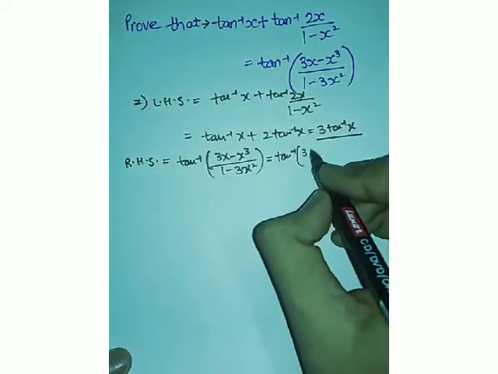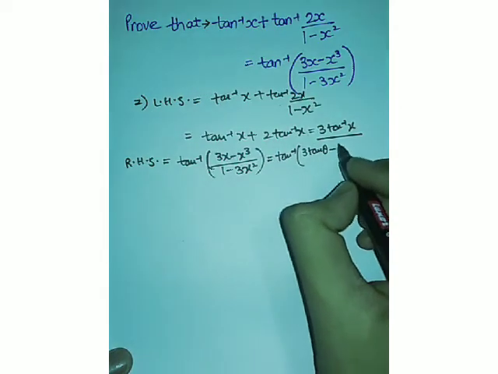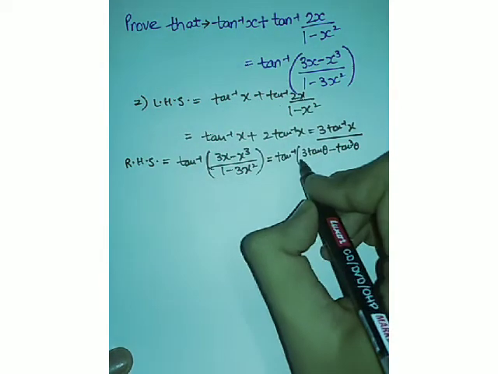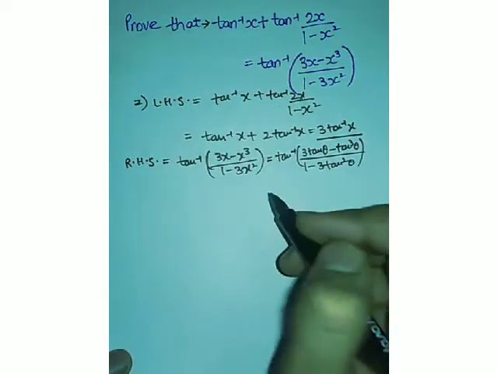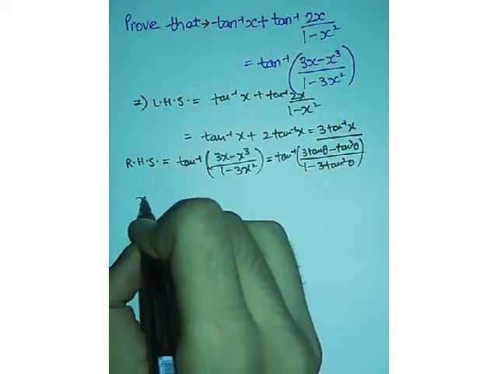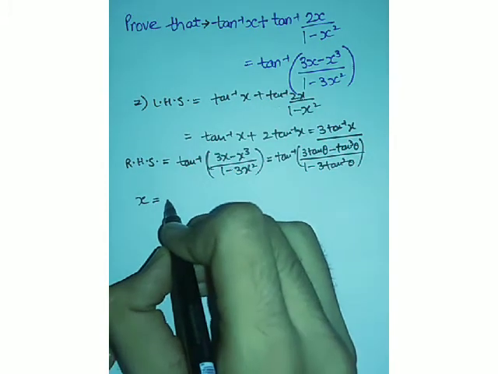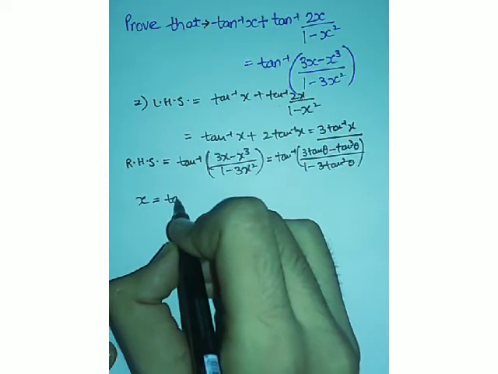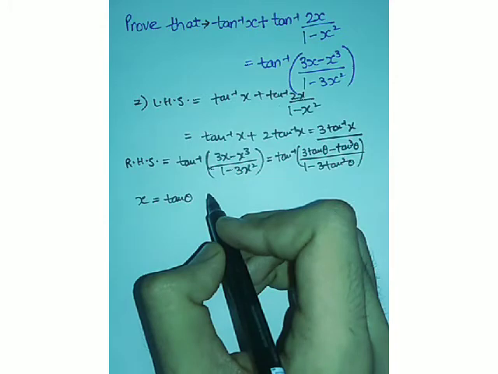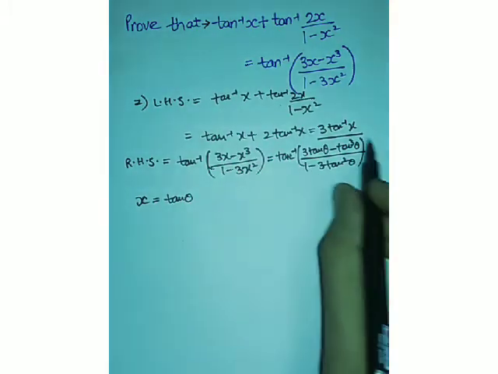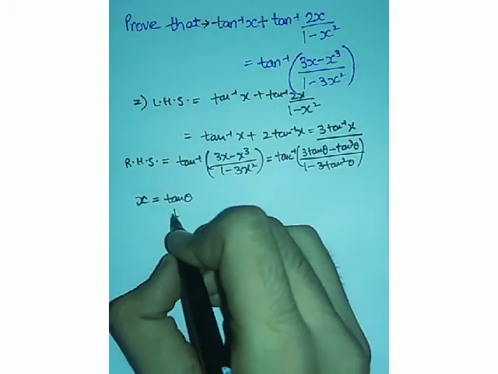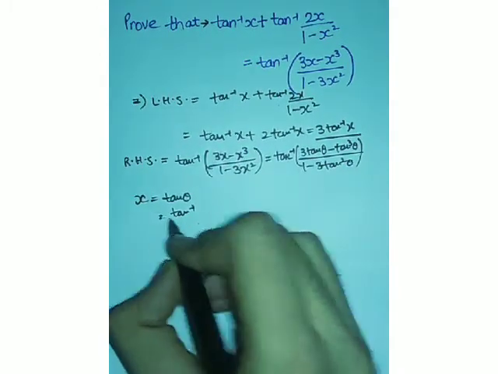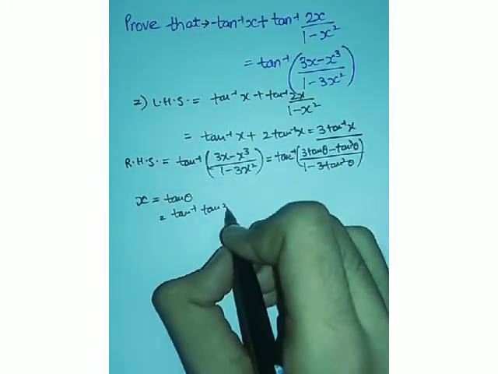Tan inverse of 3 tan theta minus tan cube theta upon 1 minus 3 tan square theta, right? For your convenience, I'll write that we have substituted x is equal to tan theta. So it will originally become tan 3 theta, correct? So you will get tan inverse of tan 3 theta.